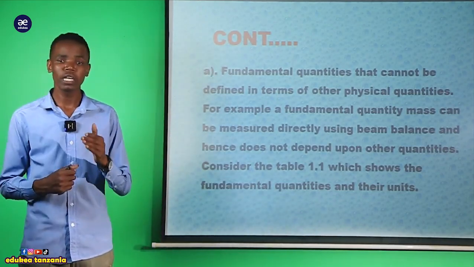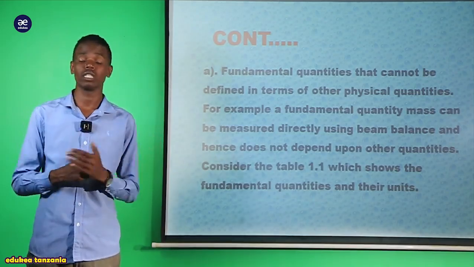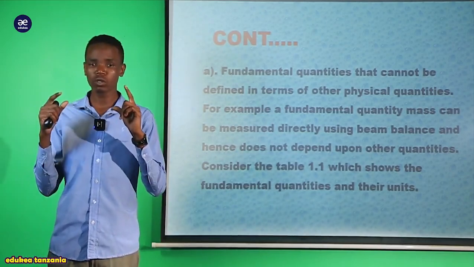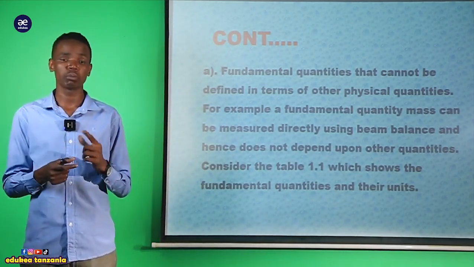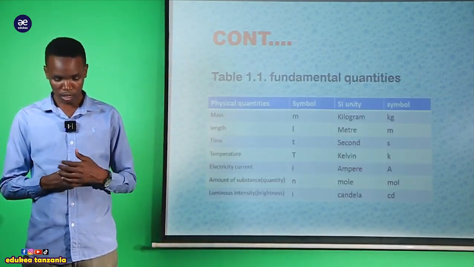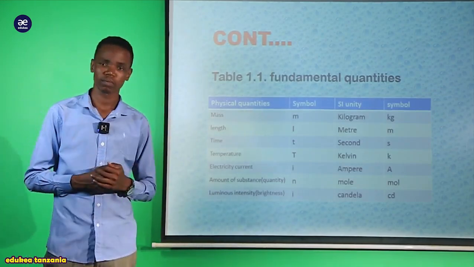It cannot depend from the other quantity. Huwezi ukapata masi labda kutoka kwenye quantity nyingine. All of those quantity that cannot be obtained or derived from the other quantity tunaziita ni kama fundamental quantities. So let us go and see the examples of the fundamental quantities.